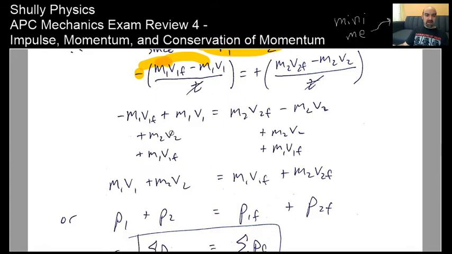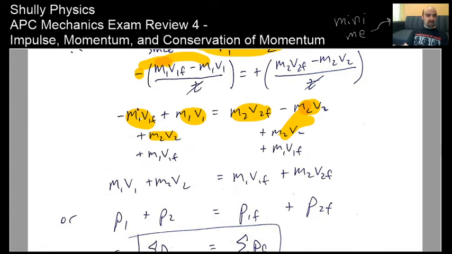Now we're going to do a little bit of algebra here. Since there's a final condition on this side and a final condition on this side, let's put all the initial conditions on the left and all the final conditions on the right. So here I'm adding m2 v2 to cancel this part out, and that adds an m2 v2 on the left.